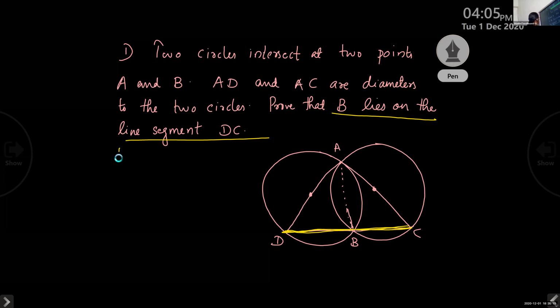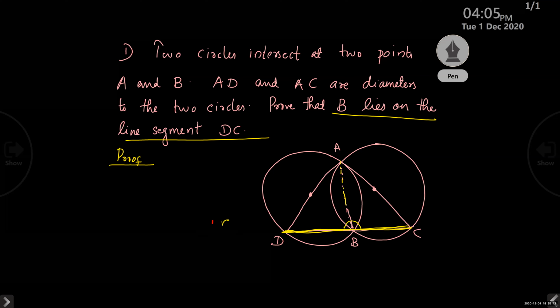What is the angle of a line segment? 180 degrees. So we have to prove that this angle is 180 degrees. Clear, children? Yes, ma'am.